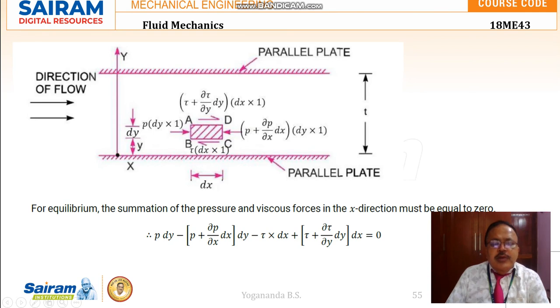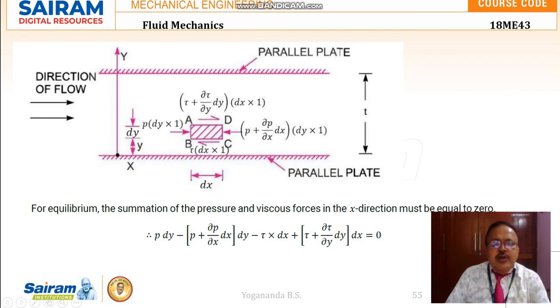For equilibrium, we take the sum of pressure and viscous forces. Here tau is due to viscosity, so on the faces BC and AD we take the forces as viscous forces.